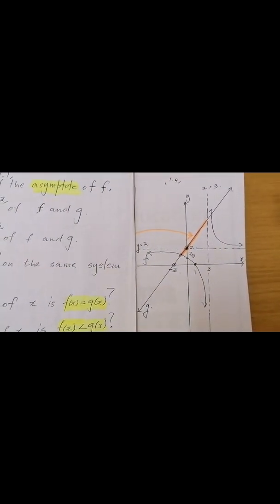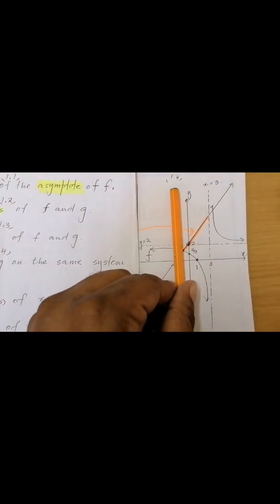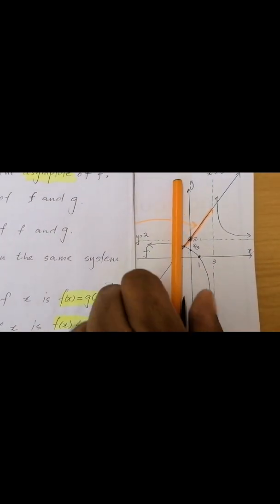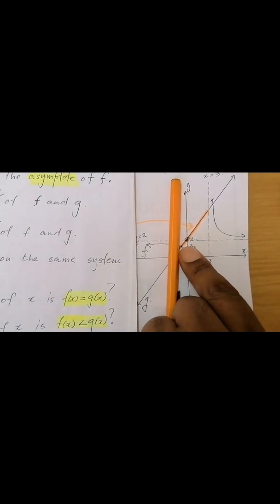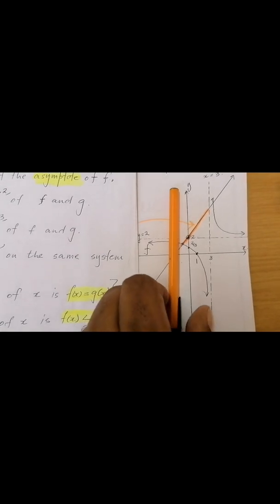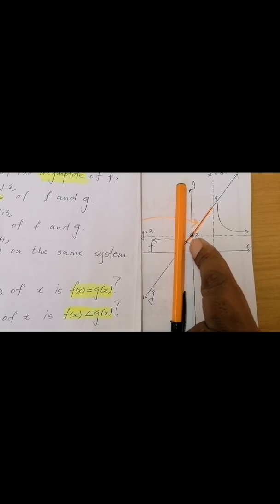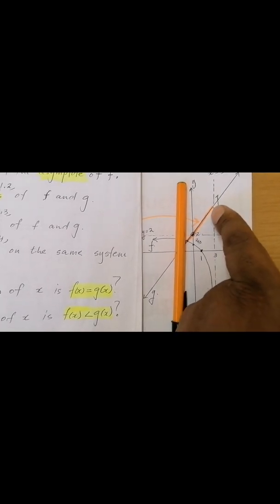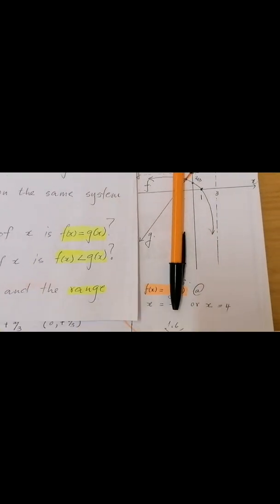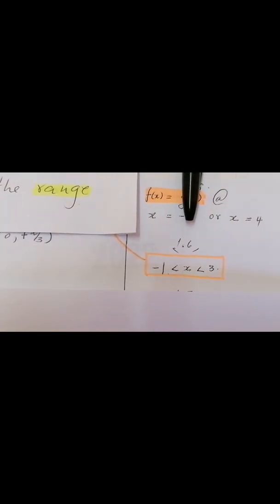Great. Now, that means this will happen when the values of x are between this point and this line. I repeat again, that will happen when the values of x are between this point and that line, the vertical asymptote. Now let's go and answer it. I said between.